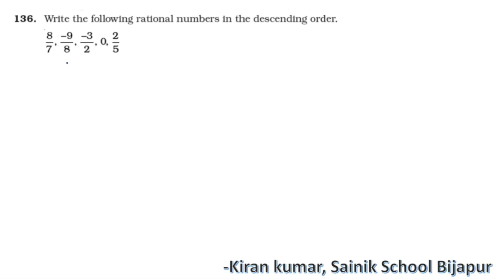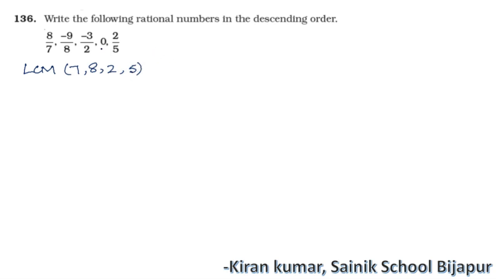So let us make the denominators like denominators. To do that, let's find the least common multiple of the denominators 7, 8, 2 and 5.